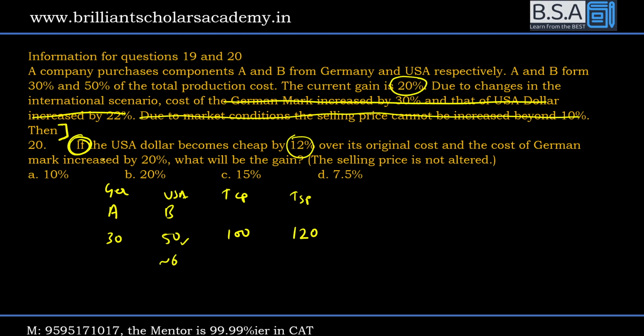And the German mark has increased by 20%. What is 20% of this? 6. So see how the question has been balanced. The increase in the price here has been balanced by the decrease in the price here. Will the cost price change? No. If the selling price also does not change, can I say the profit will remain 20%, same as earlier?